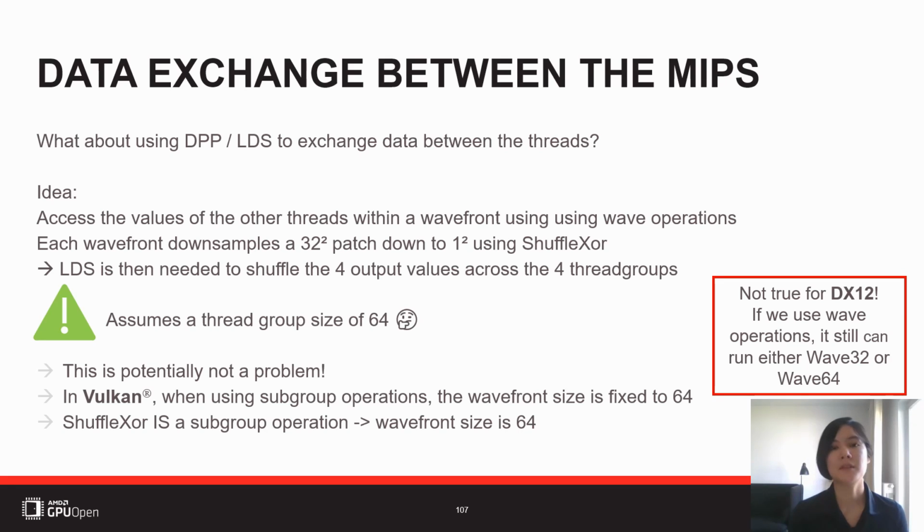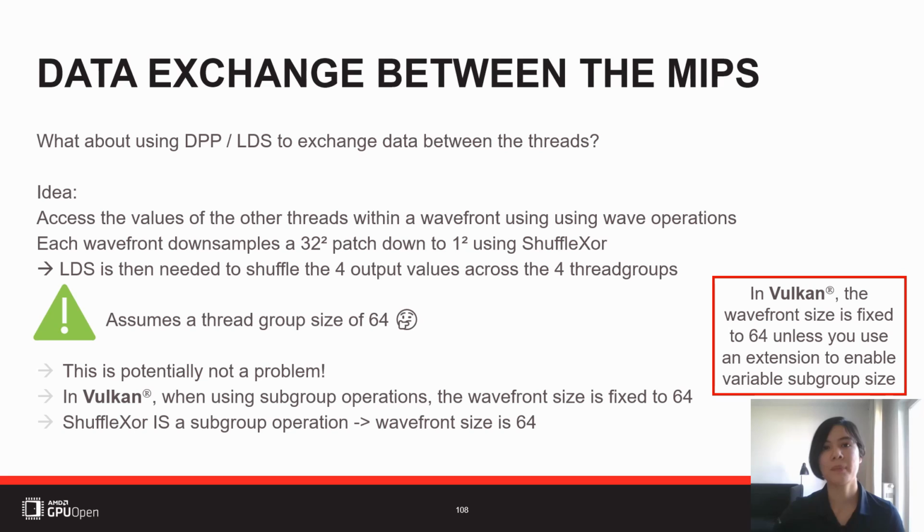If you're on DirectX 12 and using wave operations, the wavefront size can still be either 32 or 64. So this is a Vulkan-only fact. On Vulkan with subgroup operations, the wavefront size is fixed to 64 unless you use the extension to enable variable subgroup size. If you don't use this extension, the wavefront size is fixed to 64.